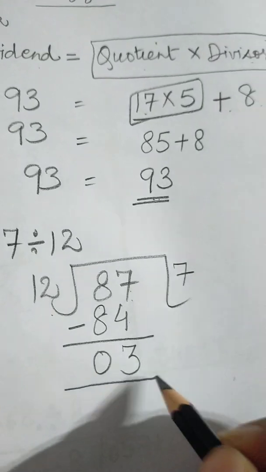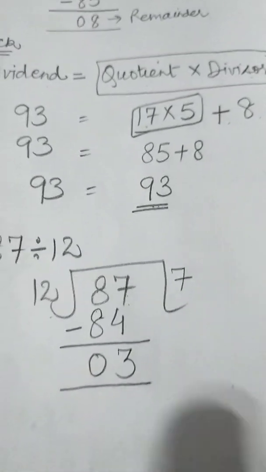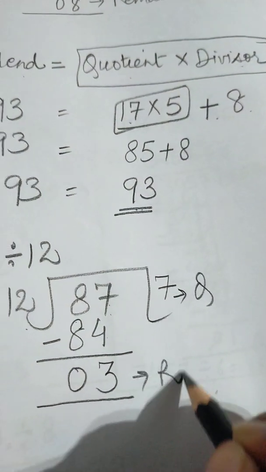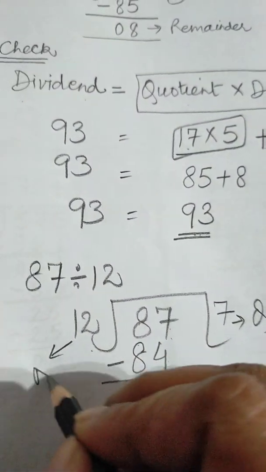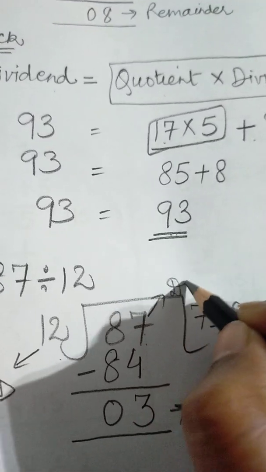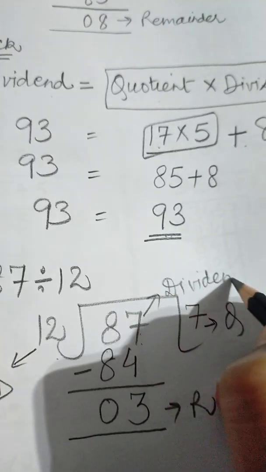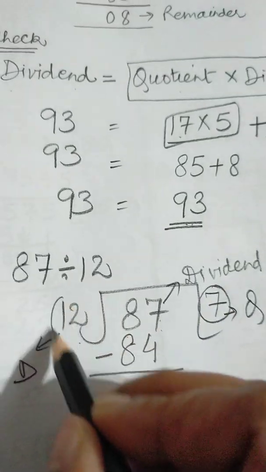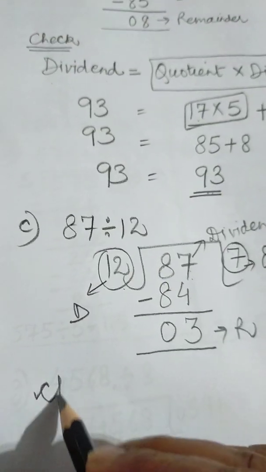Now we will draw the ending line. This is the quotient, this is the remainder, this is the divisor, and this is the dividend. Now we will multiply this 7 and 12 for checking our answer. How to check?